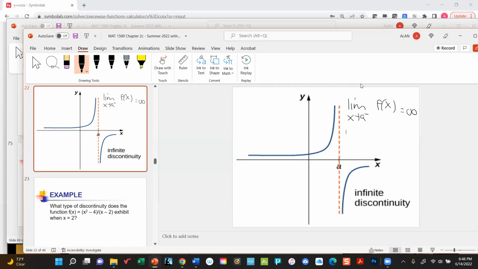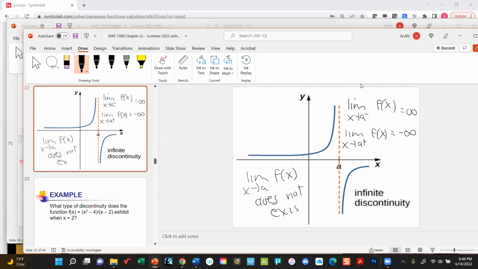This one is negative. And because they're different, that implies that the limit does not exist. Okay, so those are the three basic types of discontinuities.